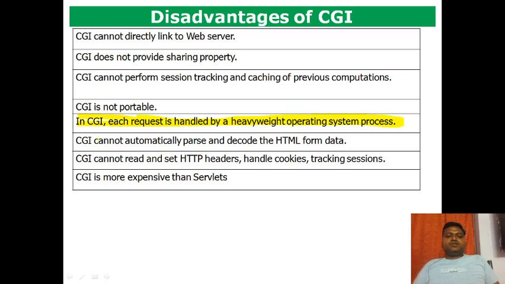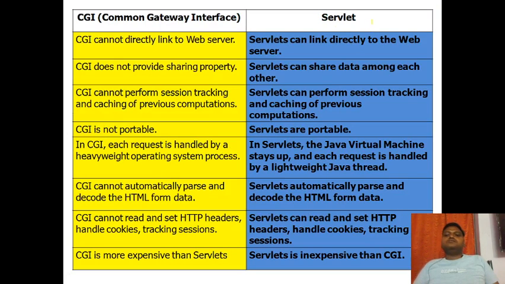So CGI cannot automatically parse and decode HTML form data, it cannot read and set HTTP headers, it cannot handle cookies, it cannot track sessions. CGI is more expensive in terms of memory and CPU capacity, computational capacity than servlets. So all these disadvantages are covered in servlets. Servlets can link directly to the web server.